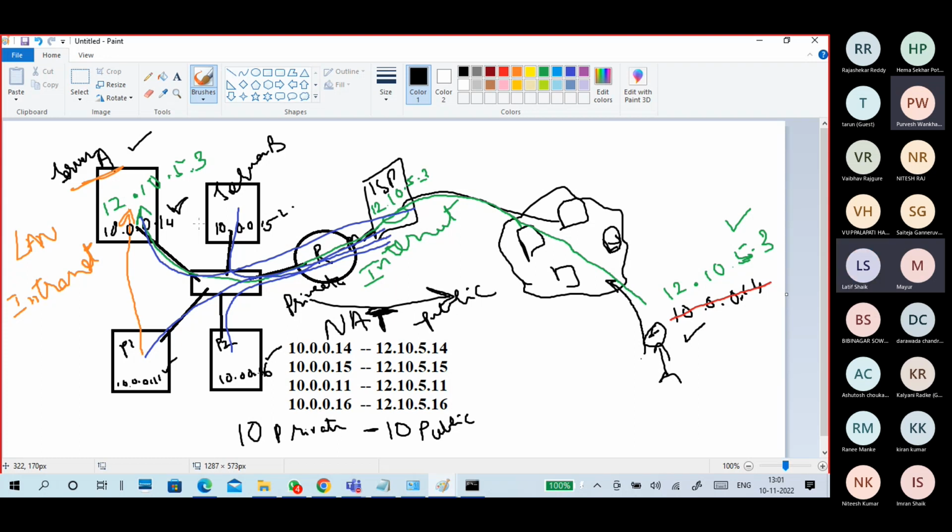If an organization has 50, 100, 200 computers, they don't purchase that many IP addresses, only for the devices they want to put publicly and directly. Okay, that's the point.